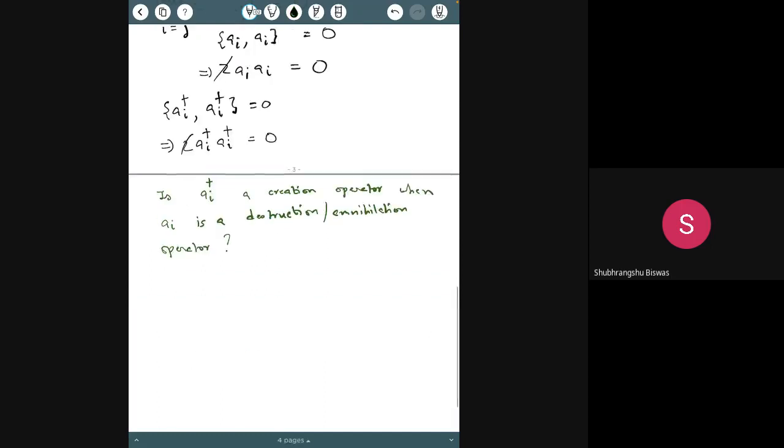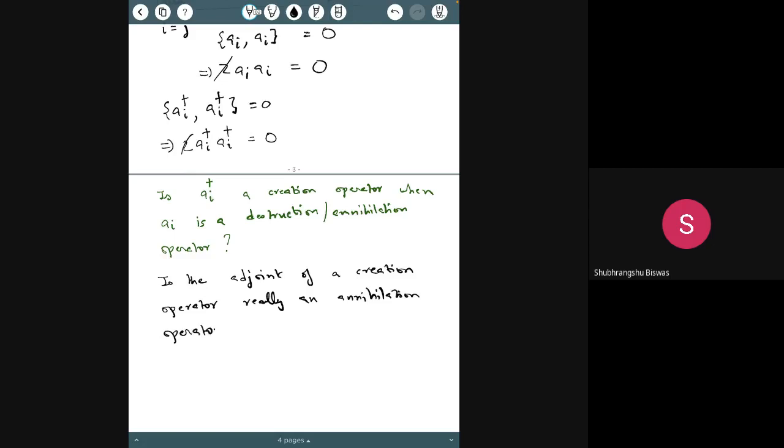So we want to show that the adjoint of a creation operator is really an annihilation operator.